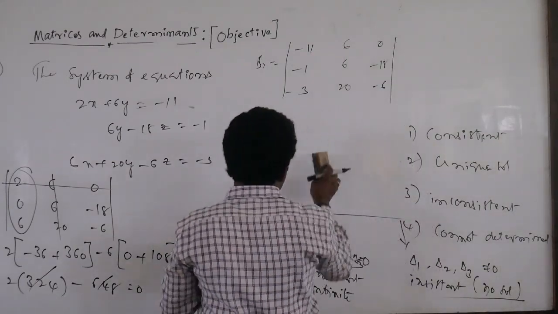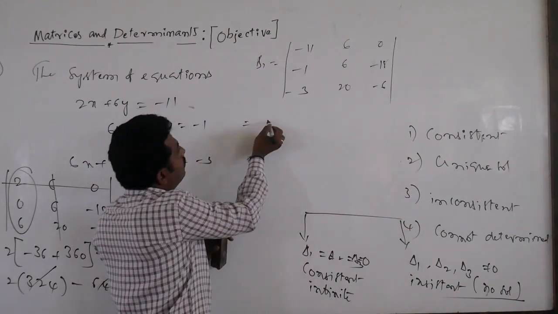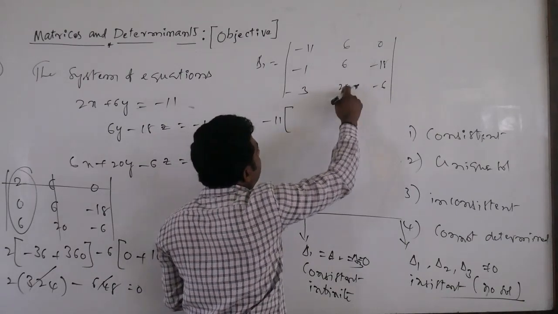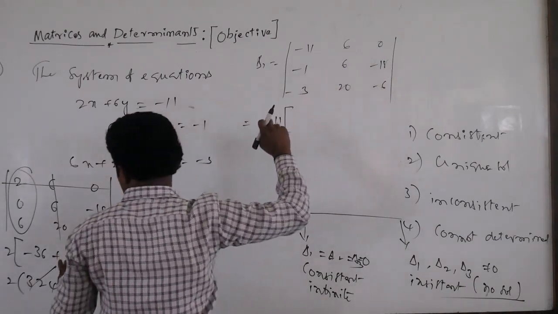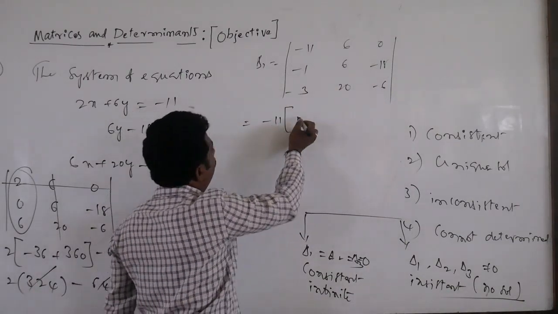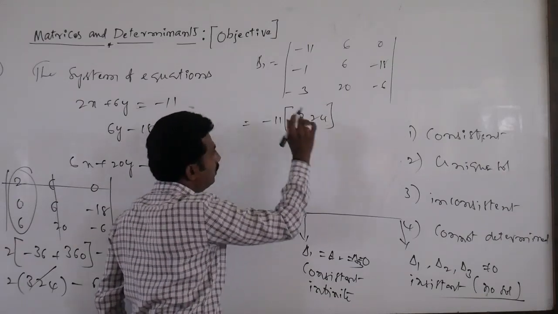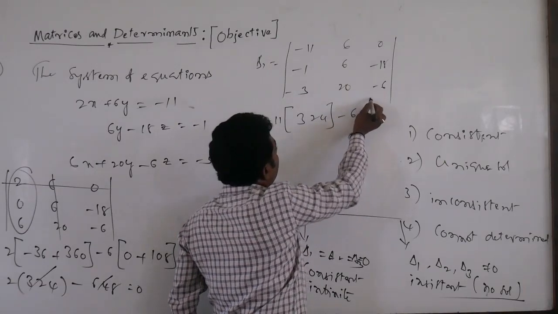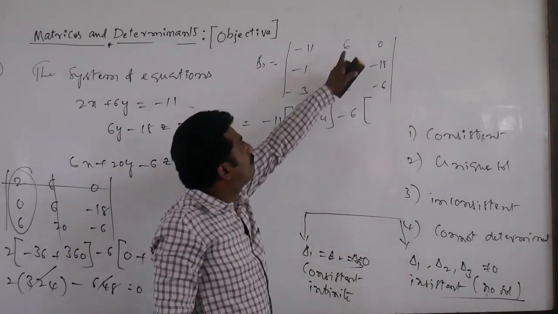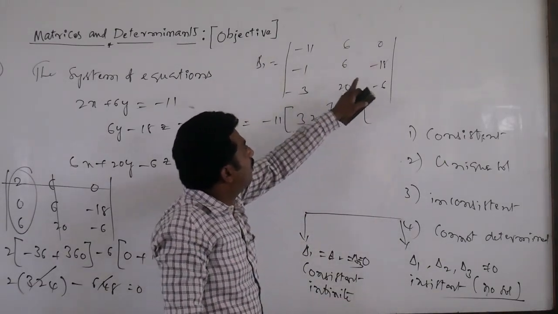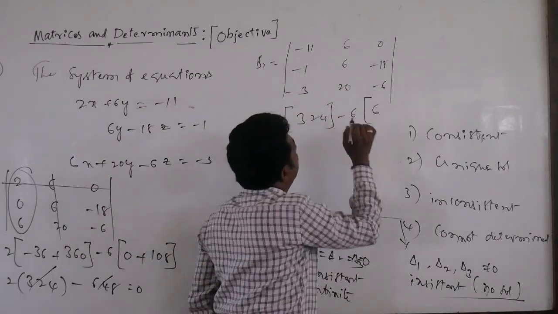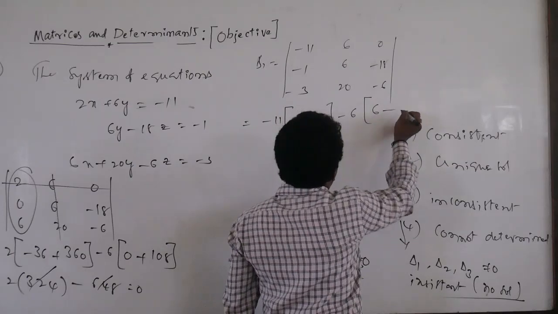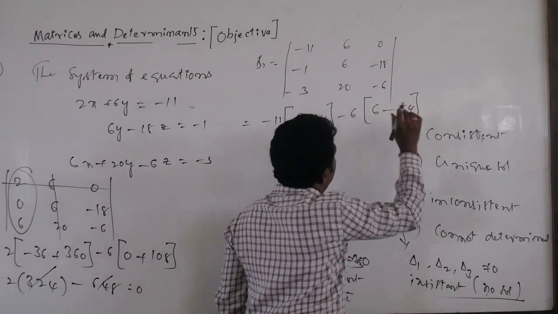Now we'll expand this determinant. So this is minus 11 into minus 36 plus 360, nothing but 324. Minus 6 into, if you close this column and this row, minus of minus 6, so this is plus, minus 54.